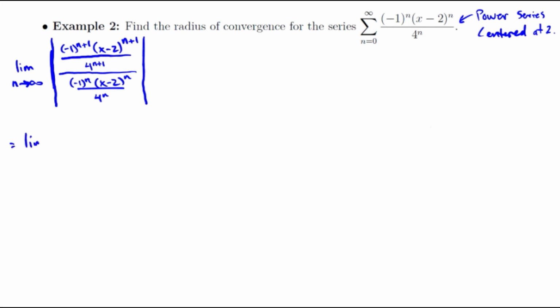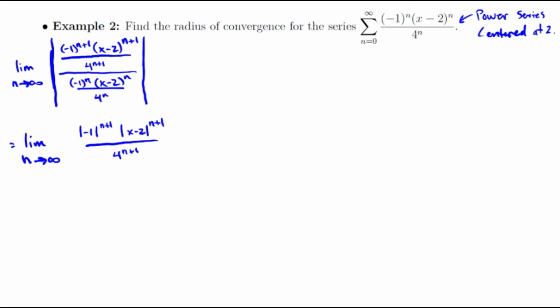So we're going to say this is equal to the limit as n goes to infinity. And I'm going to put absolute values around this because this can produce a negative, and I'm going to put absolute values around the x minus 2 because it can produce a negative. So I'm going to end up with negative 1 to the n plus 1, the absolute value of x minus 2 to the n plus 1, all divided by, and then I don't need to bother with absolute values here, right?